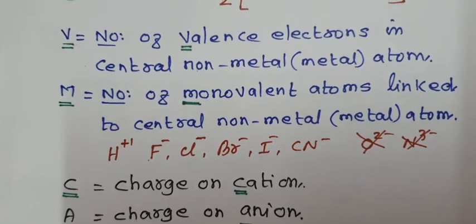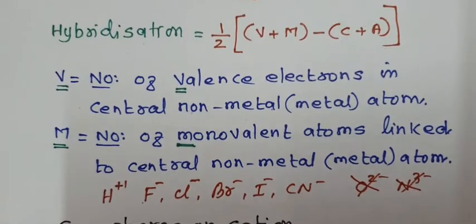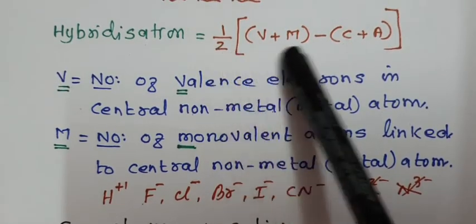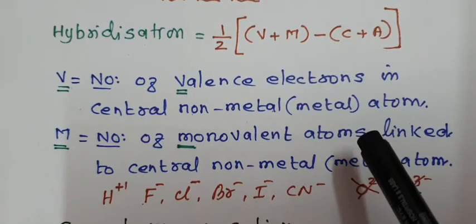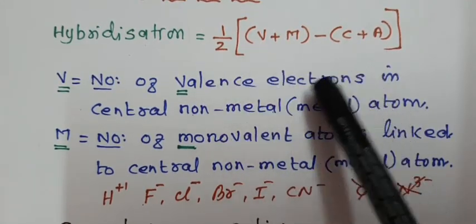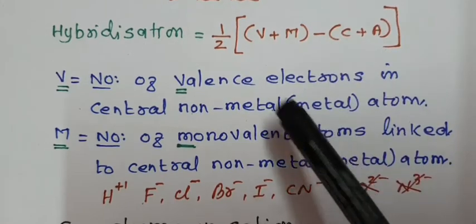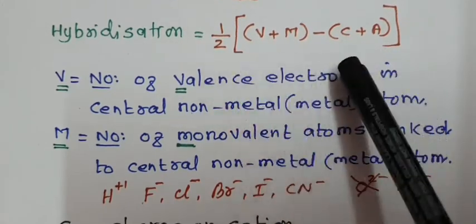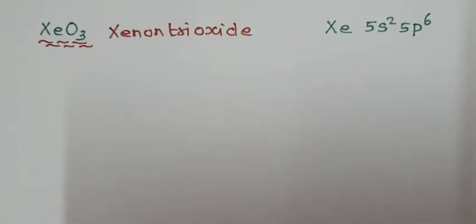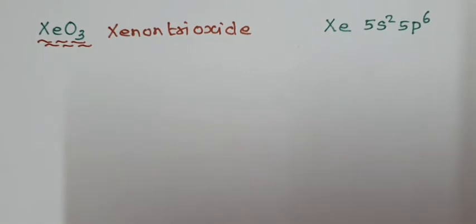So using this formula, we can easily calculate the hybridization of many compounds: interhalogen compounds, xenon compounds, and noble gas compounds can be calculated by using this formula. Now, we are going to discuss the hybridization that takes place in xenon trioxide.